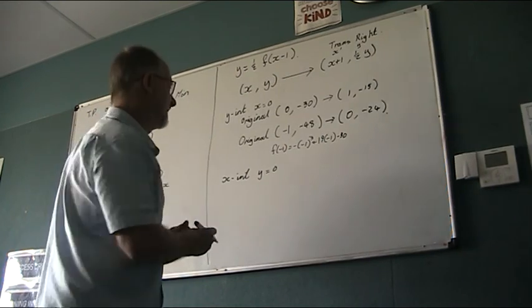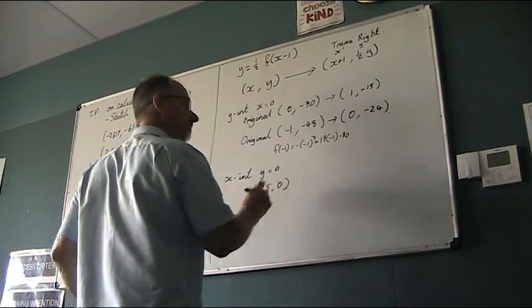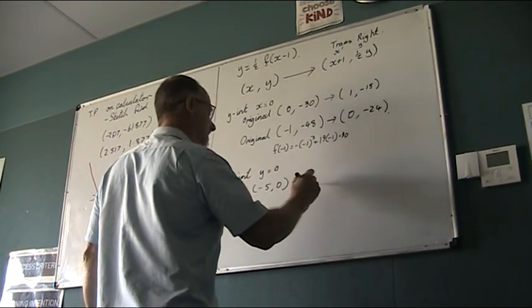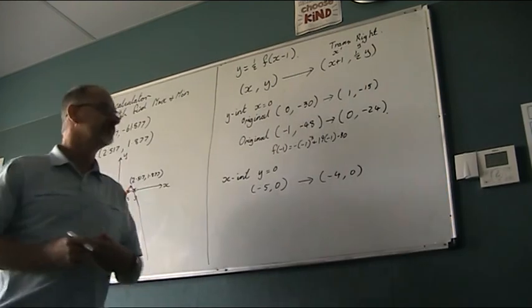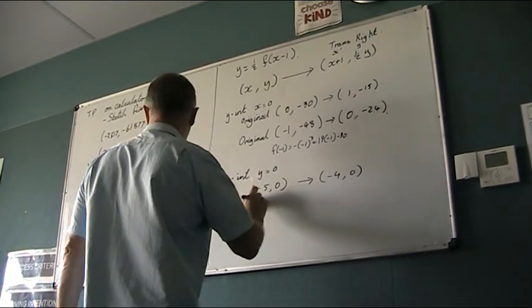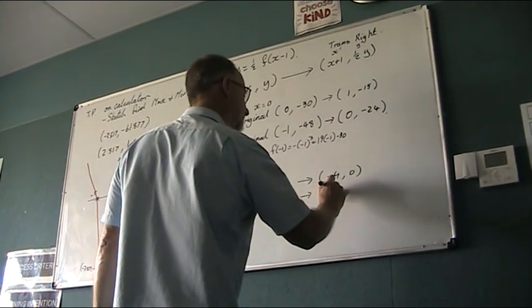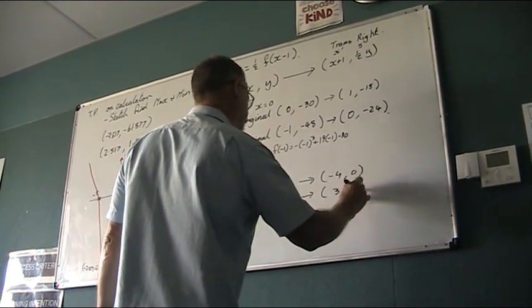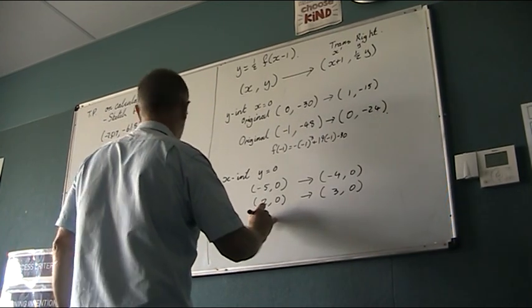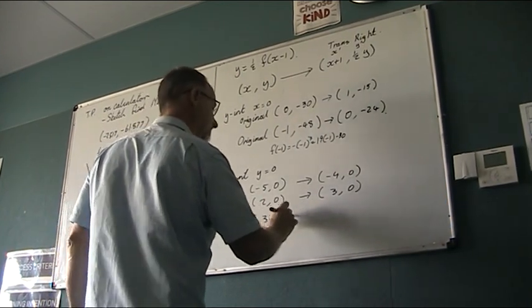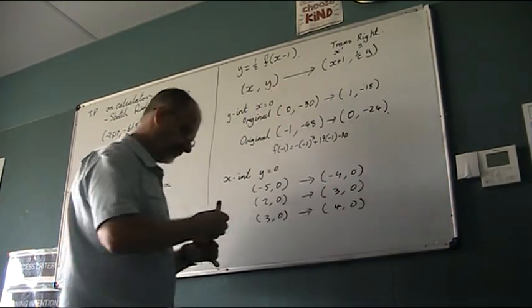So we had negative 5 and 0, and that becomes negative 4 and 0. We had 2 and 0, that becomes 3 and 0. We had 3 and 0, and that becomes 4 and 0.